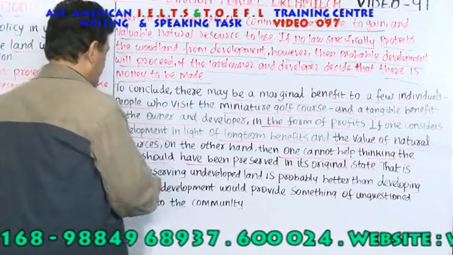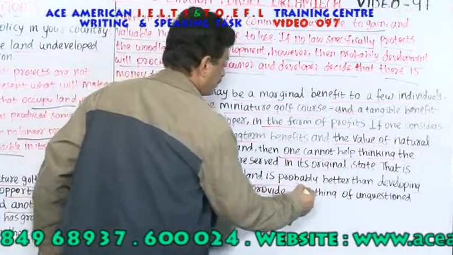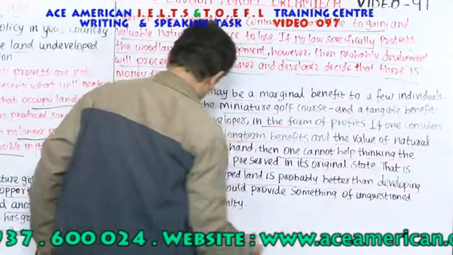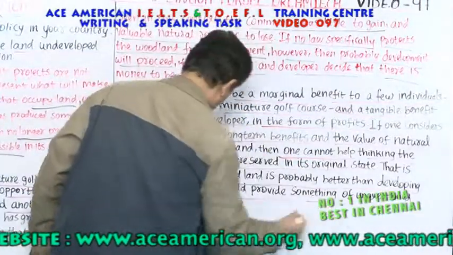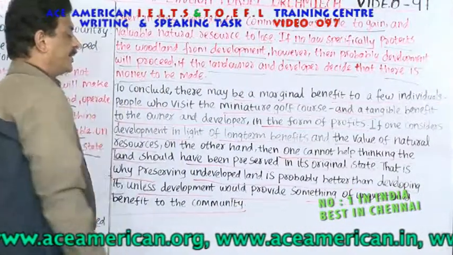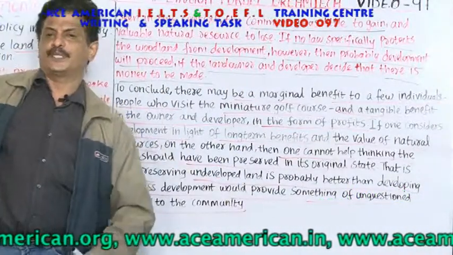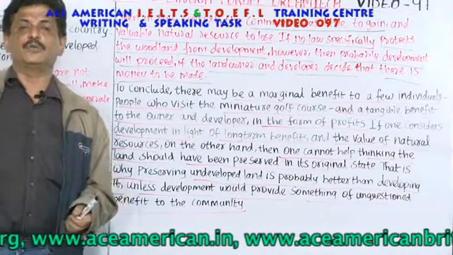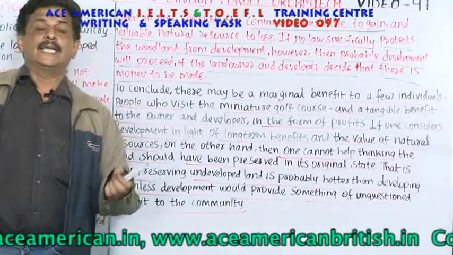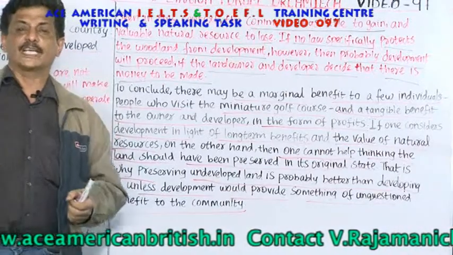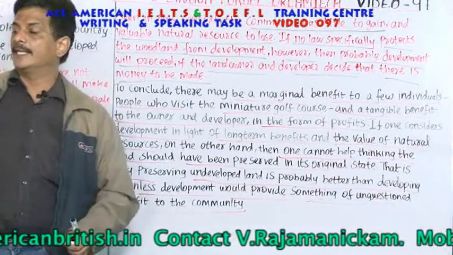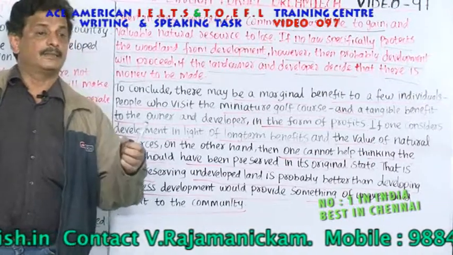That is why preserving undeveloped land is probably better than developing it, unless development will provide something of unquestioned benefit to the community. Suppose the development of the land, cutting down the woods, brings some usefulness for the community, only then should the land be used.